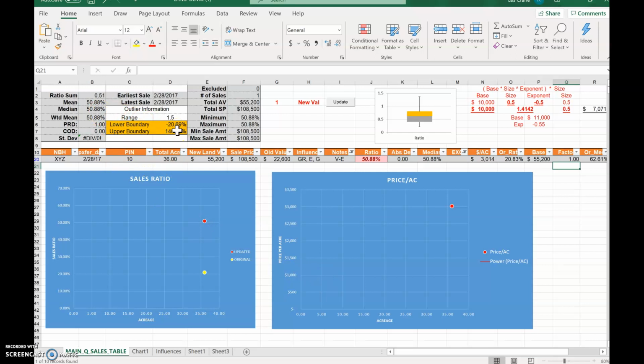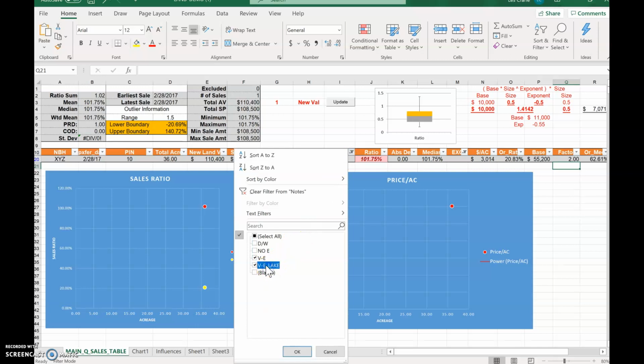So if we take the inverse of that, that gives us 2. So we change our factor to 2. And that brings us to 101%. So being just a little bit over, that's okay, because we're going to have some properties that are going to be assessed for more than what they sold for.